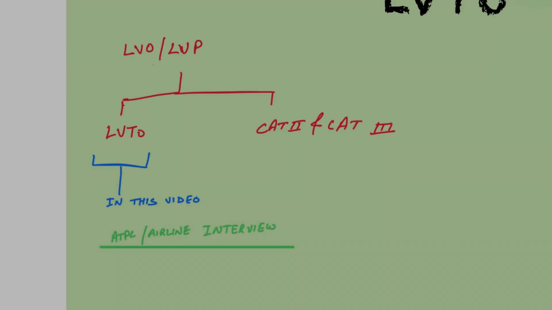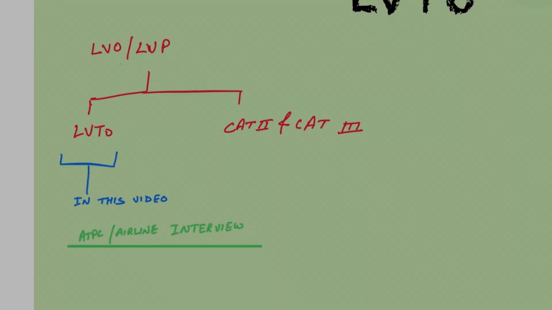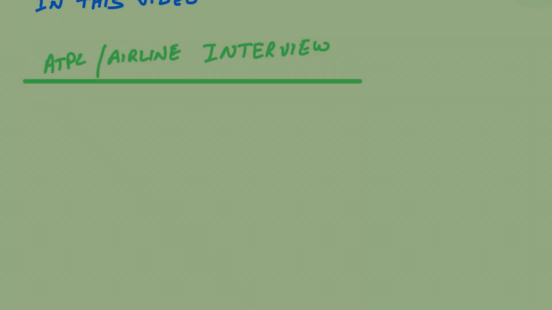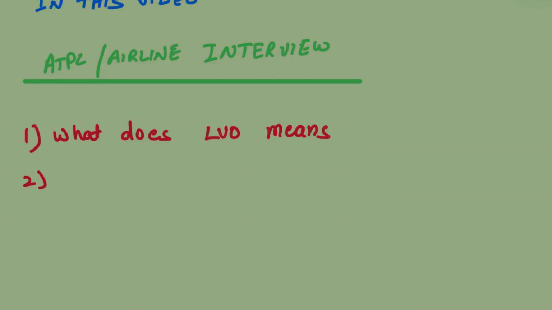Let's start this video. So the interviewer expects you to have basic information of low visibility procedures and low visibility operations. So what questions can they ask you about LVOs? Some general questions are: what does LVO mean? Then what is LVTO?